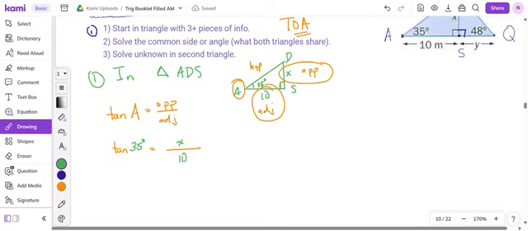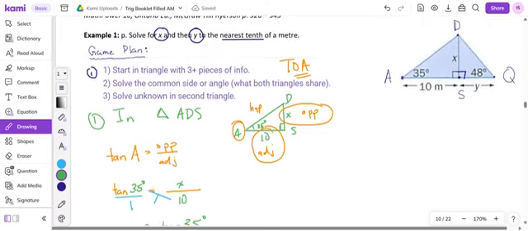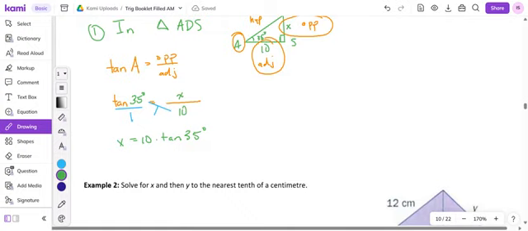You can use the T method, or you might recognize that you're just going to multiply both sides by 10. Okay, I'll do the T method. So over 1, and I've got this divided by that. To the nearest tenth of a meter.